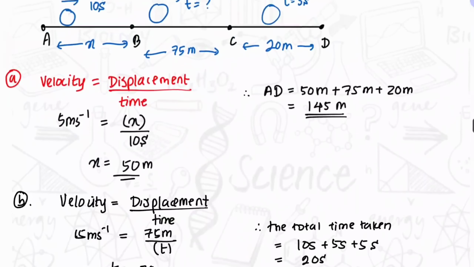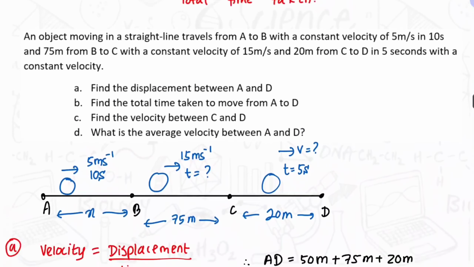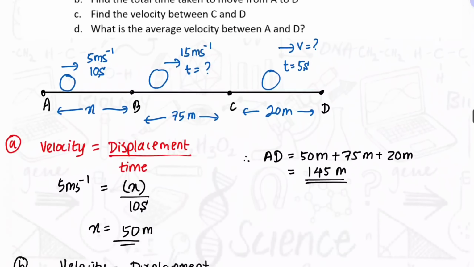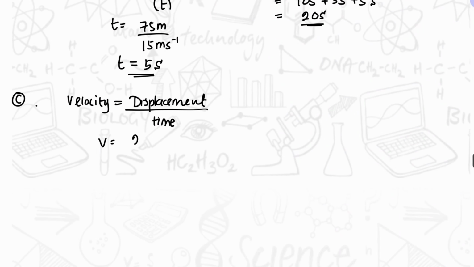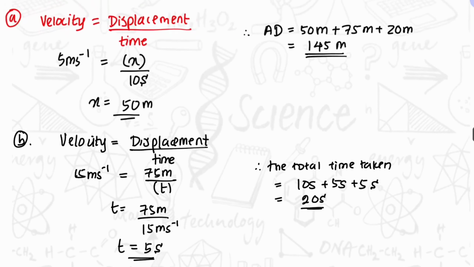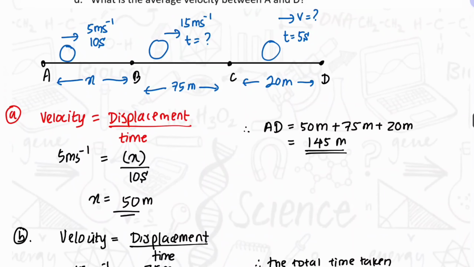The distance is 20 meters and the time taken is 5 seconds. We'll get the answer 4 meters per second. That is the velocity of the object to travel from C to D.